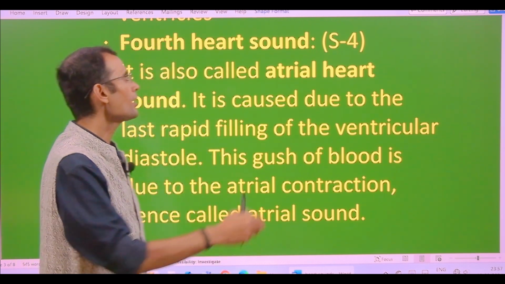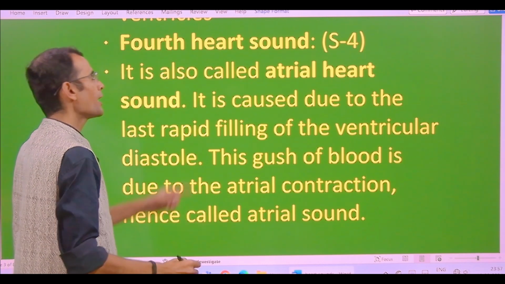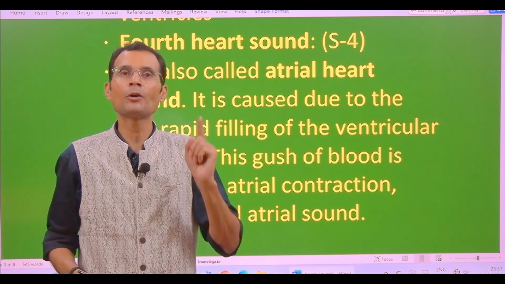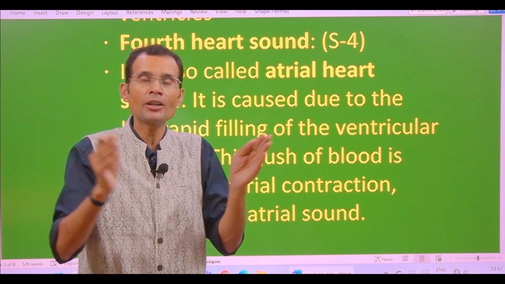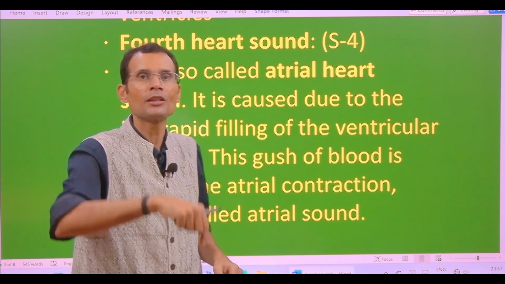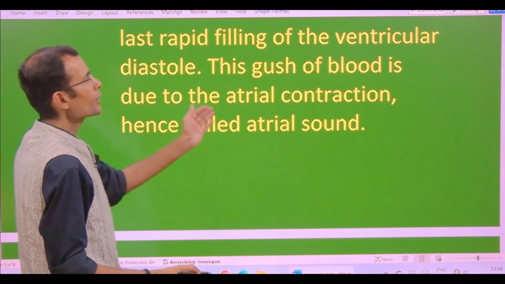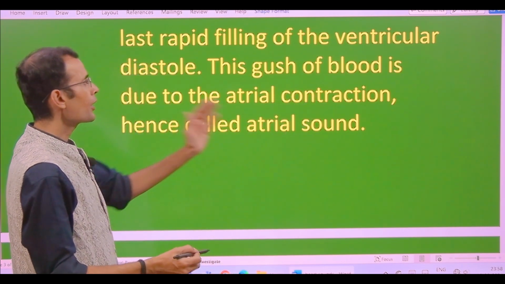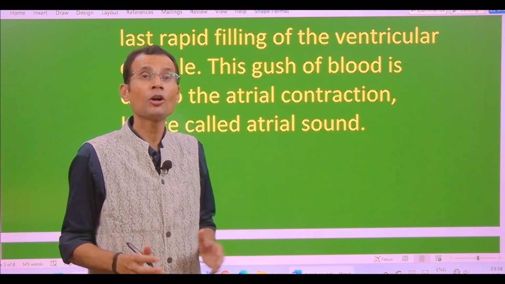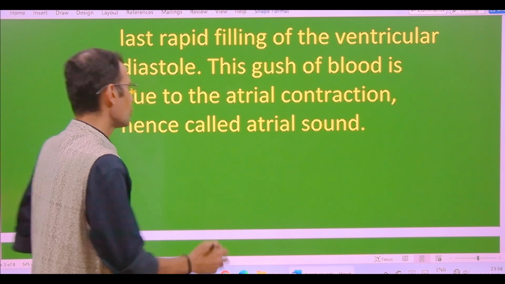And therefore remember, S4 is also sometimes called as atrial sound. It's caused by the atrial systole and therefore the turbulence of blood. So S4 due to the gush of blood from atria to ventricles, and it's occurring because of atrial systole.